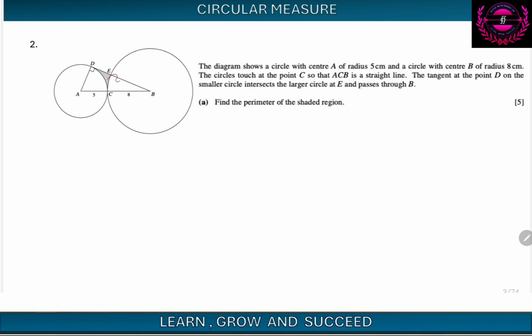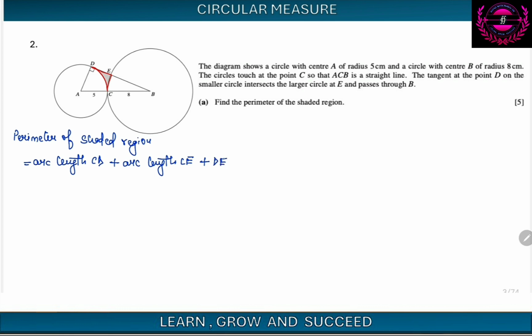From the diagram it can be seen that the perimeter of the shaded region is the sum of arc length CD plus arc length CE plus the length of DE. So I can write perimeter of shaded region equals arc length CD plus arc length CE plus DE.